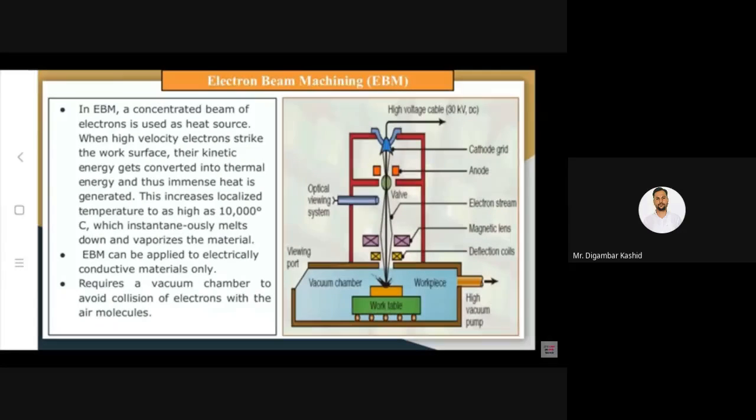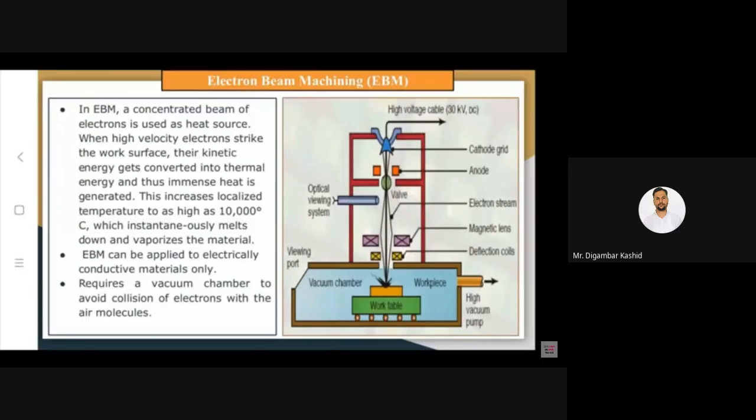Then the high velocity electrons are concentrated in the form of a beam, and the beam is directed toward the workpiece. When high velocity electrons strike the workpiece surface, their kinetic energy gets converted into thermal energy, and thus heat is generated. This increases the localized temperature to as high as 10,000 degrees Celsius, which instantaneously melts and vaporizes the material.